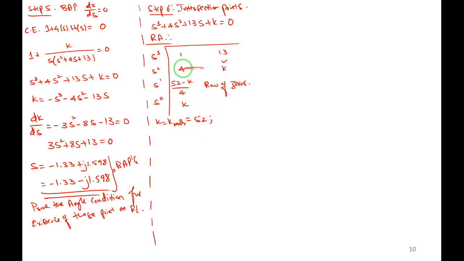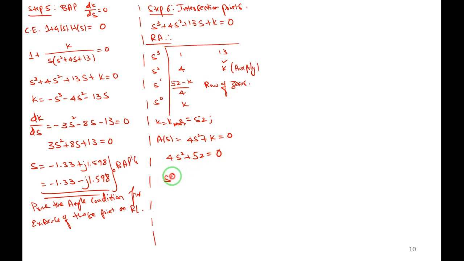So we'll form the auxiliary polynomial from this equation, just above the row of zeros. So A(s) is equal to 4s square plus k into s power 0 equal to 0. What is the value of k? It is 52. We'll substitute here: 4s square plus 52 equal to 0.